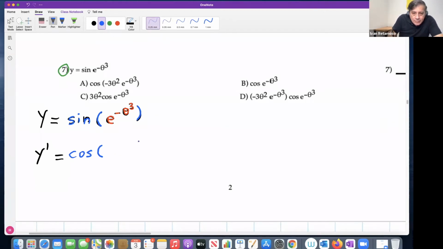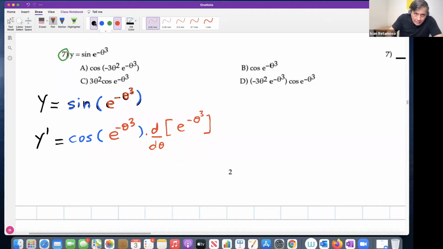Cosine of something. That something is the inside function following the chain rule, right? But then the chain rule says it doesn't end there. You have to multiply this by the derivative with respect to theta of your inside function, right? We will do it later. Yeah, this is what we're gonna do next.